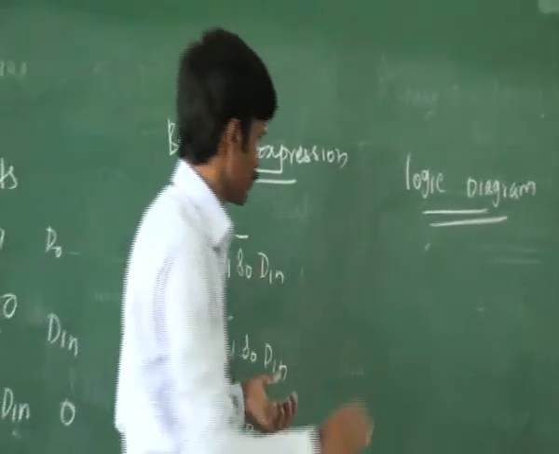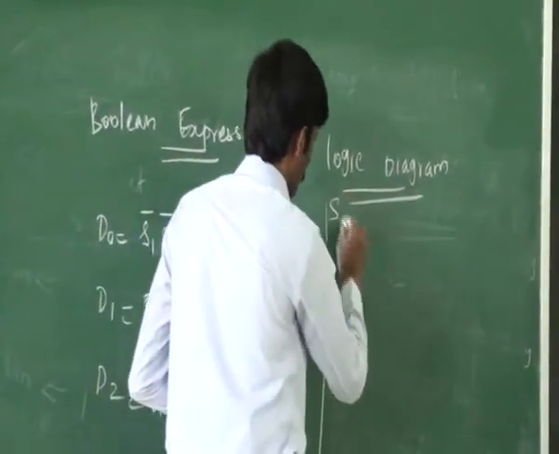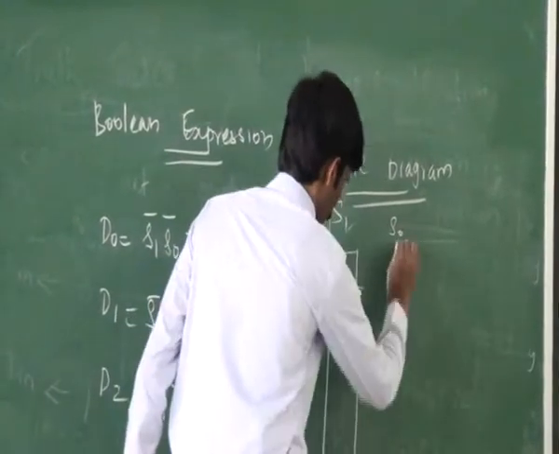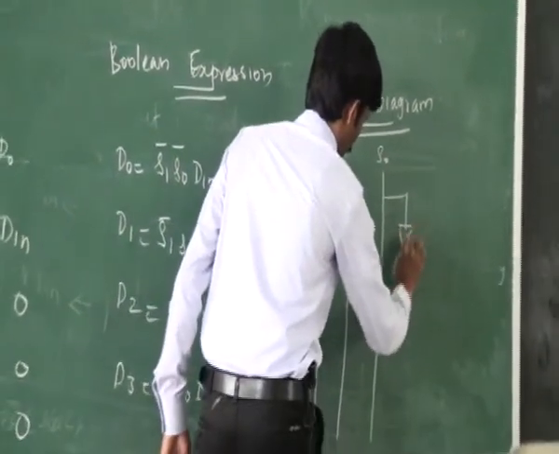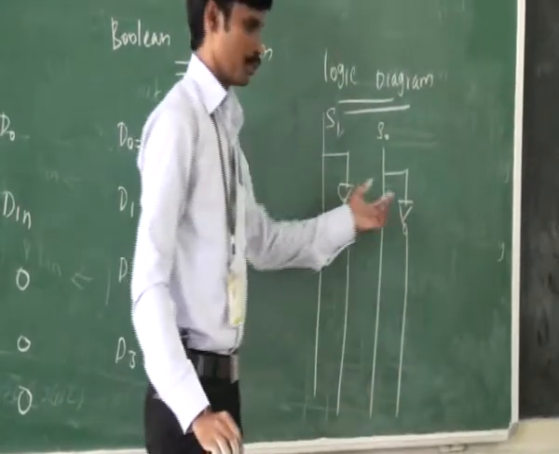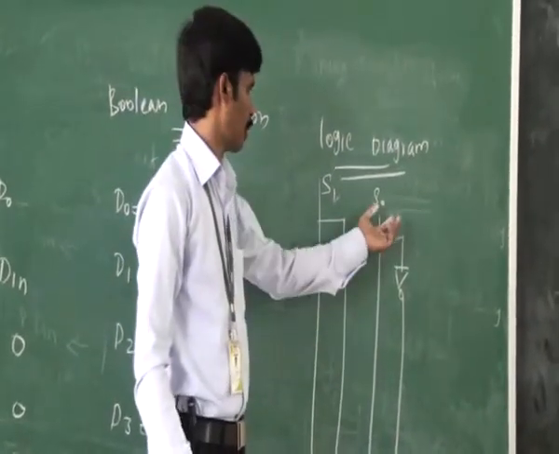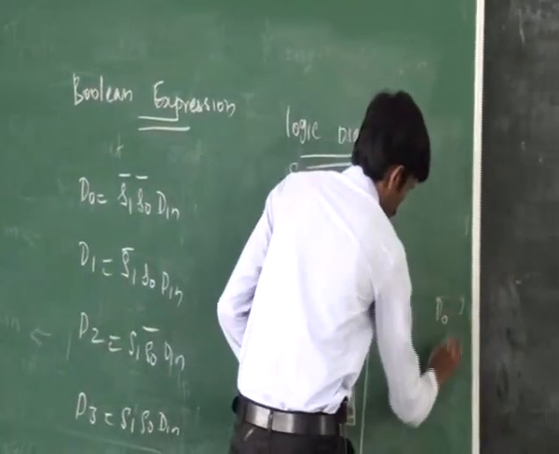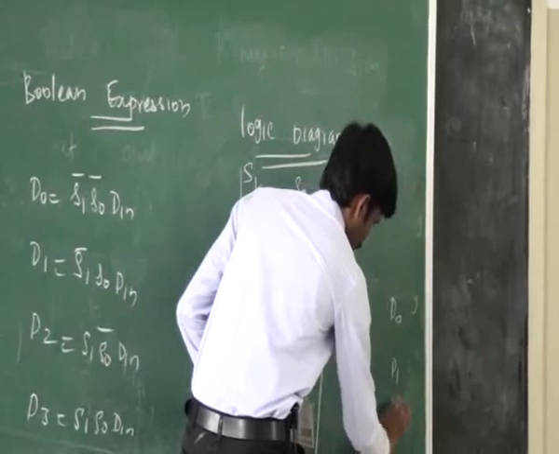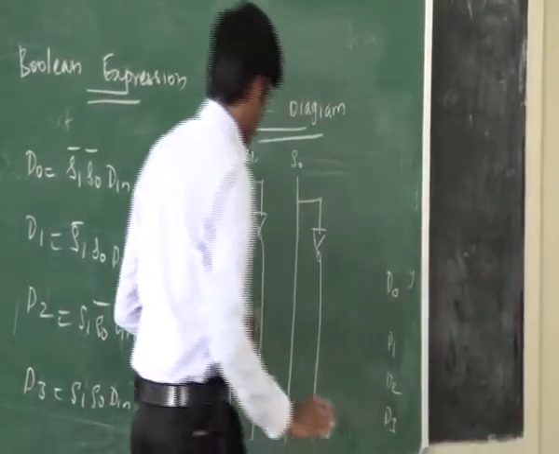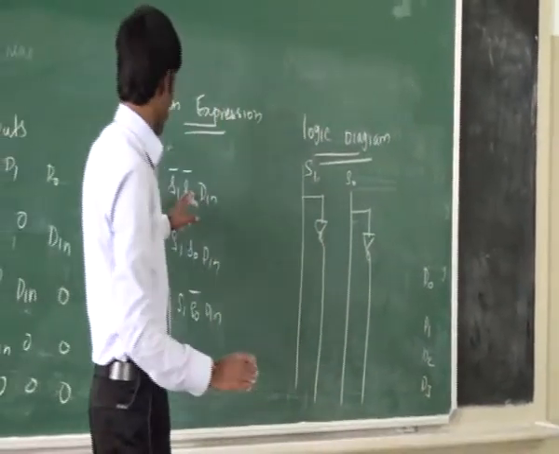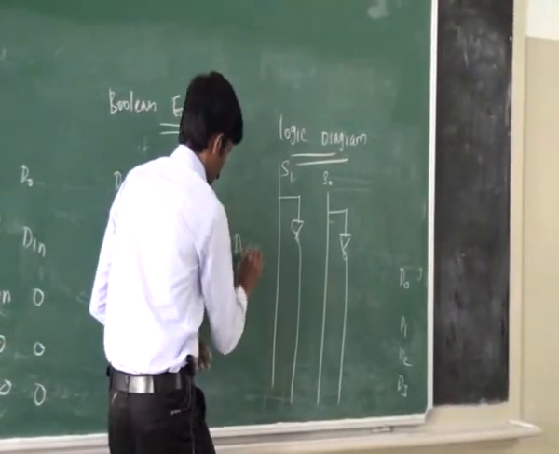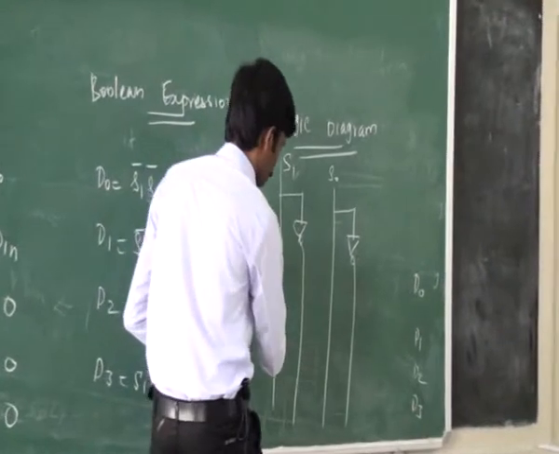Here we have 2 select inputs, S1, S0. Here these 2 inverters are used to take the complement of the select inputs. We have 4 outputs D0, D1, D2, D3. D0 is equal to S0 bar into S1 bar into Din. Din is the data input.